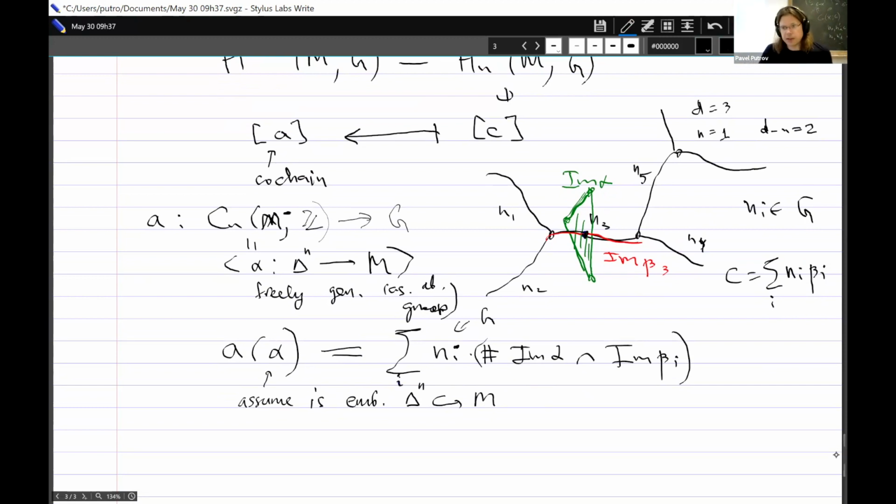And you see that in a generic situation the dimensions add up. We can always do some sort of deformation so that these submanifolds are transversal to each other, so this intersection is well defined.